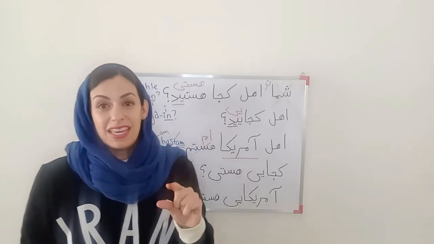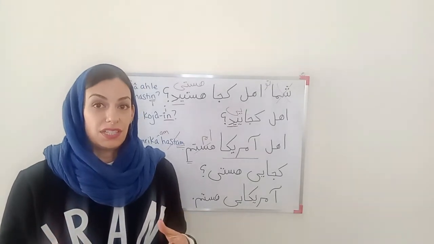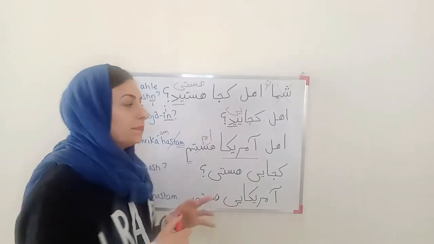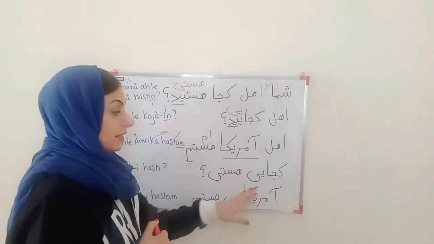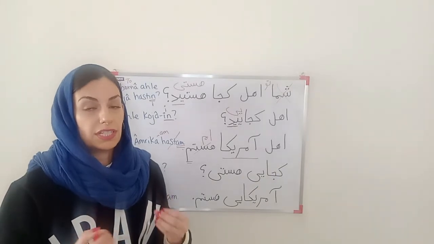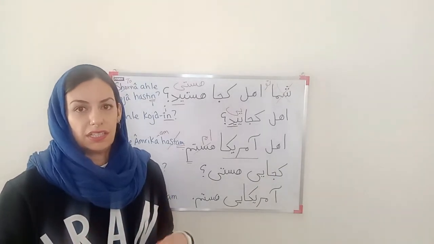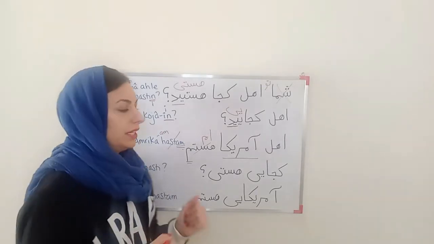So adding the E to a noun typically makes it into an adjective, or in this case, a nationality, right? So by adding this E to koja, we're essentially asking the nationality. You don't necessarily have to answer it that way, but that's what it's doing.